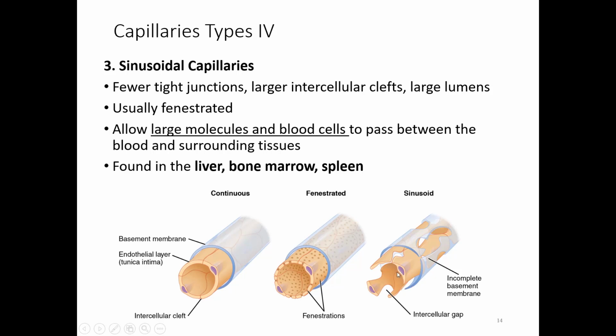Or when red blood cells become old and worn, they can go out of the blood, through the gaps in those sinusoidal blood vessels, into the spleen, where as they die they will be separated into parts and used for other purposes.